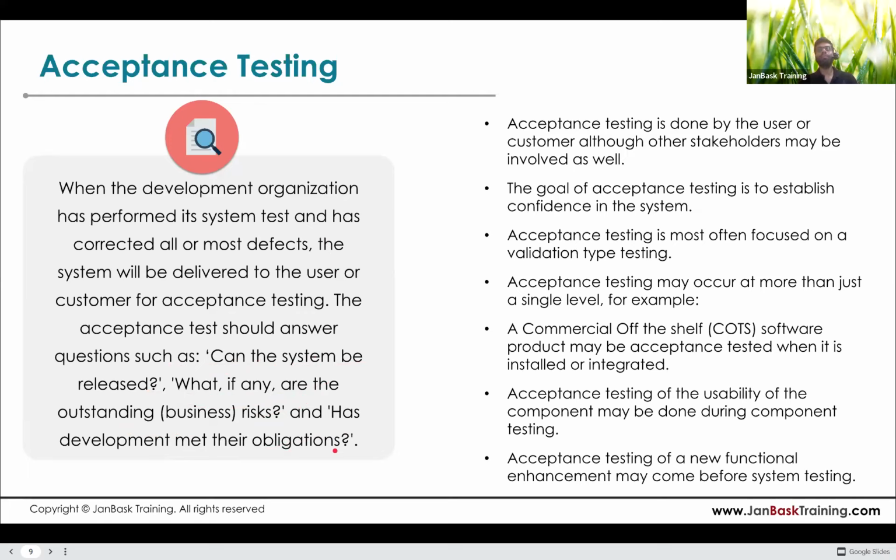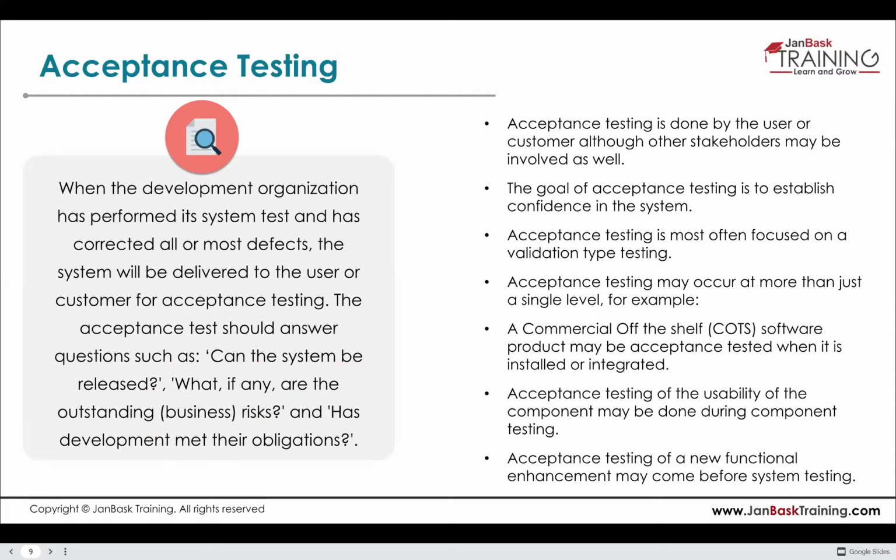Basically, in acceptance testing the customer will test the software from their end and see whether the end goal is achieved, whether all the requirements are fulfilled, and finally whether we are in a position to release or deploy the software to production, so the end users can use it or not.